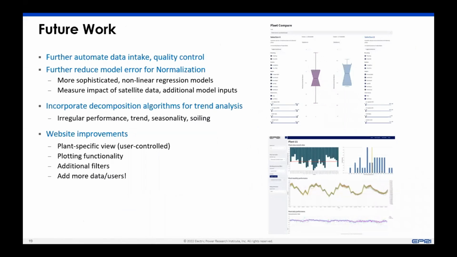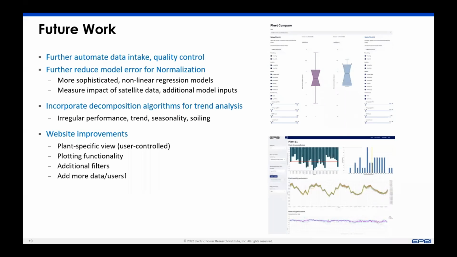For future work, there are a few things we want to do. First, we want to automate the process and do more quality control on it. Then we want to further reduce the model error, especially regarding the normalization stage. We want to try some non-linear regression models. I think we tried a random forest, and it seems to reduce the errors, so we will try that.